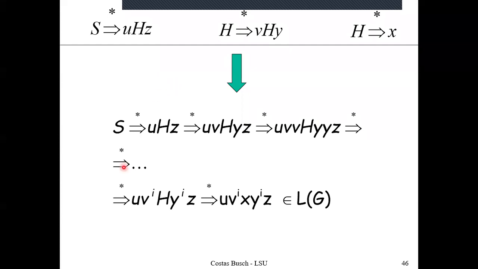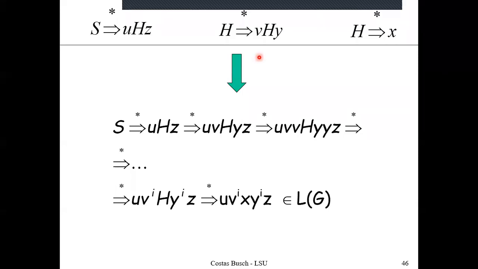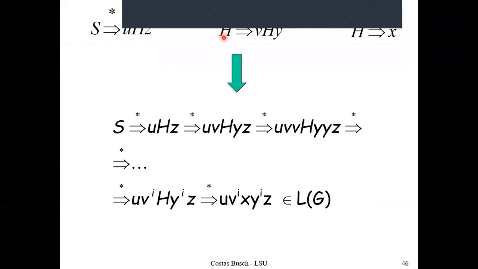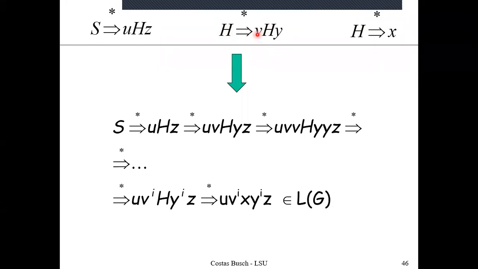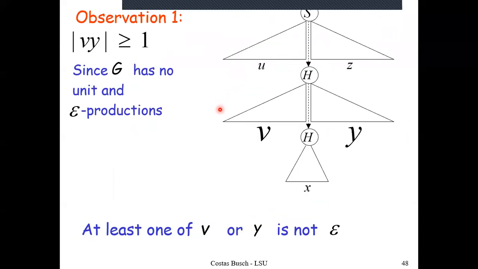The reason is I do not have any unit production and I do not have any epsilon production. So when I say that H yields V H Y, the length of this sentential form is supposed to be greater than the length of H itself. That would mean that if I remove H from this, I would have some condition on V and Y, and that condition is that V and Y cannot both be empty. So that was the reason, one condition on V and Y.